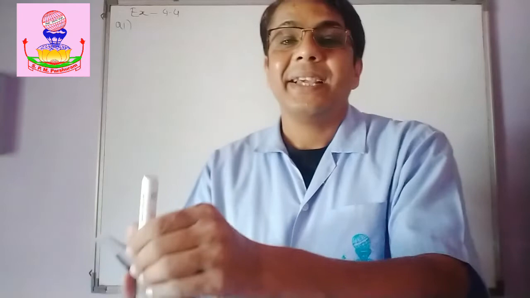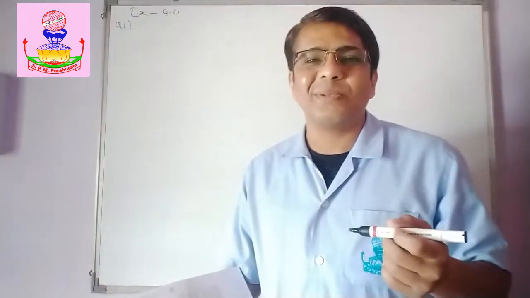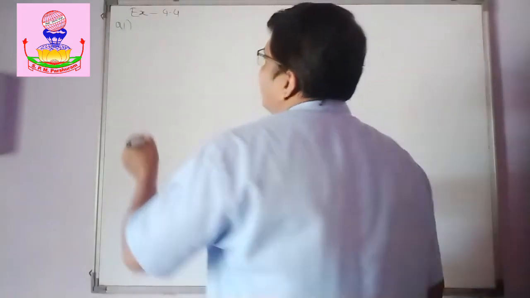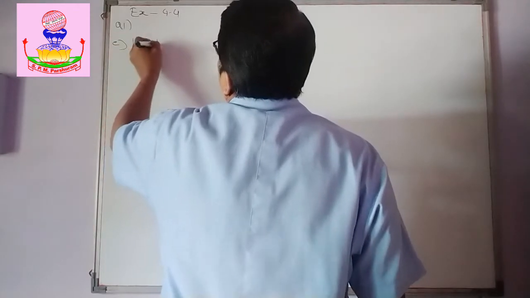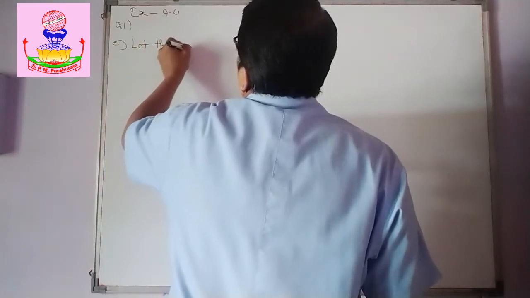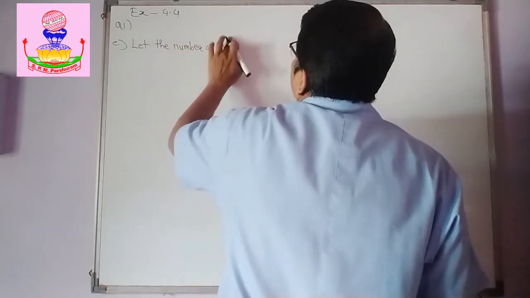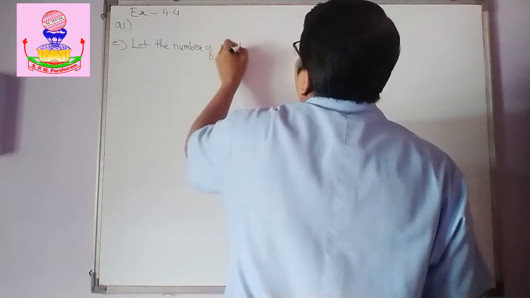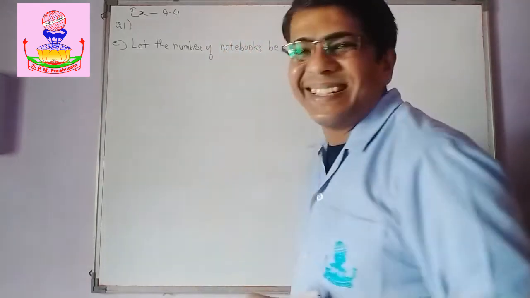Munna subtracts thrice the number of notebooks he has from 50. He finds the result to be 8. What does he do? He subtracts thrice the number of notebooks. Do we know the number of notebooks? We don't know. So let the number of notebooks be x.